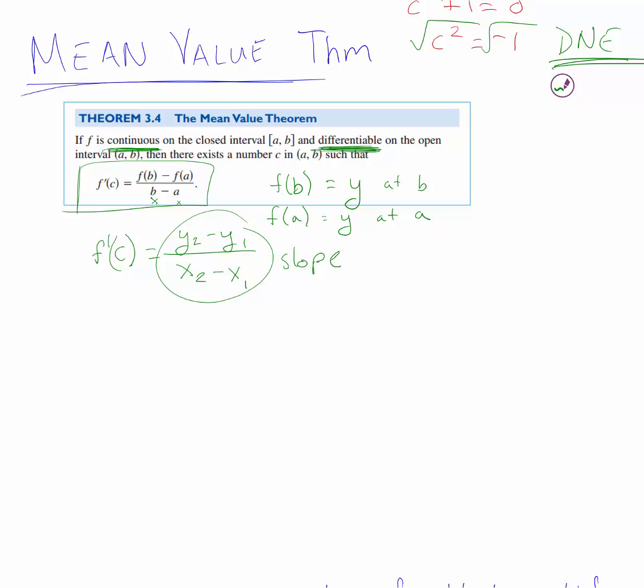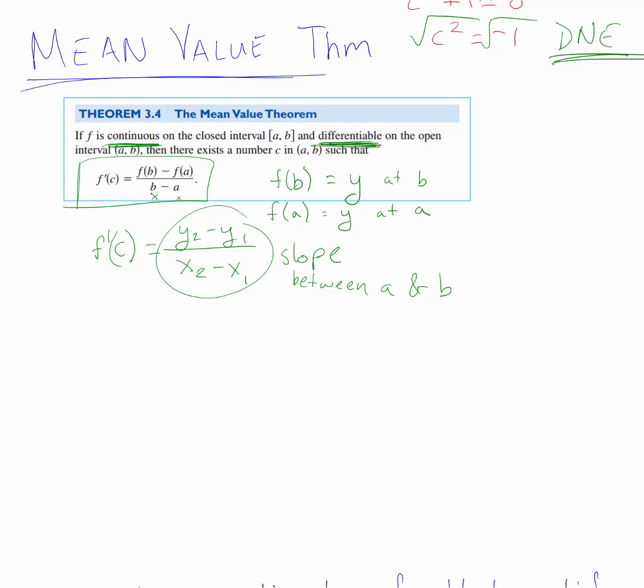And that would be the slope between the 2 points that we were looking at, a and b. So there has to be somewhere on the curve where the slope of c is in between a and b.